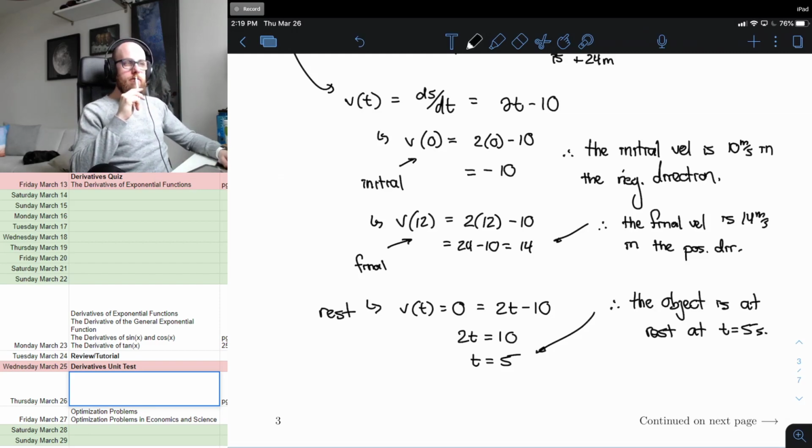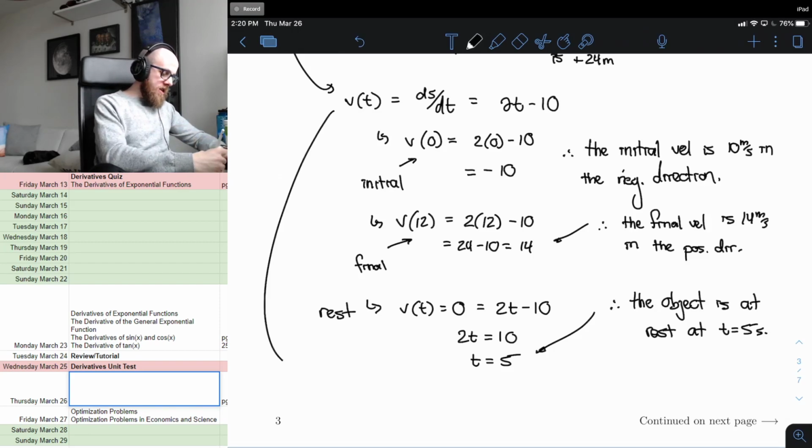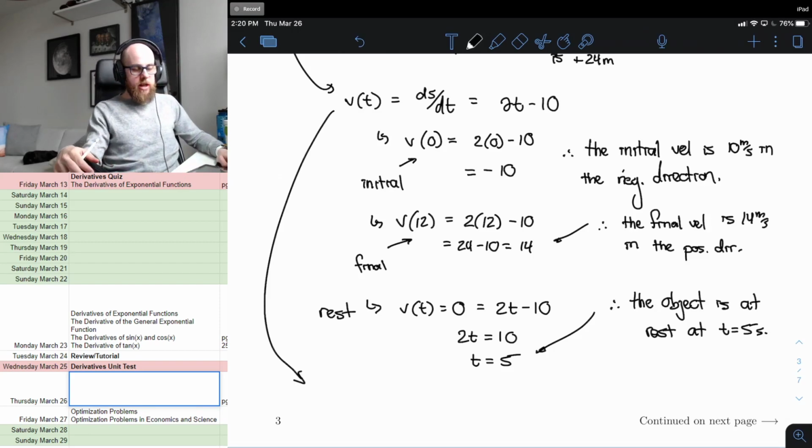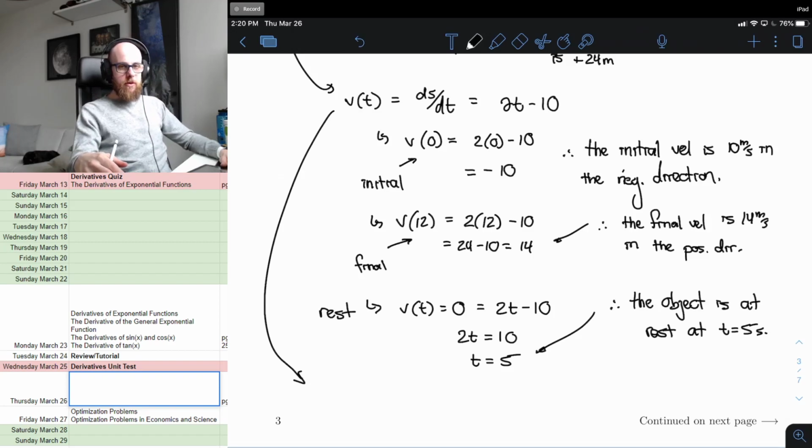Okay. So now we've kind of figured out everything that we can figure out about the velocity, right? We have our initial velocity, we have our final velocity, and we have the one point that the particle is at rest, meaning it's changing directions probably. Last but not least, let's take our velocity function and figure out what the acceleration will be.